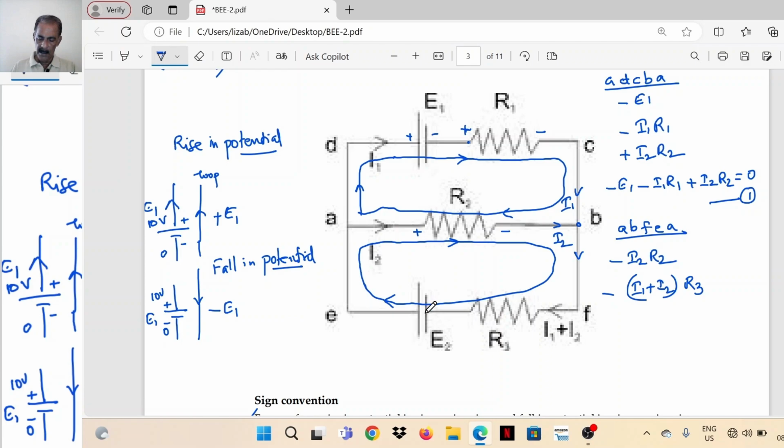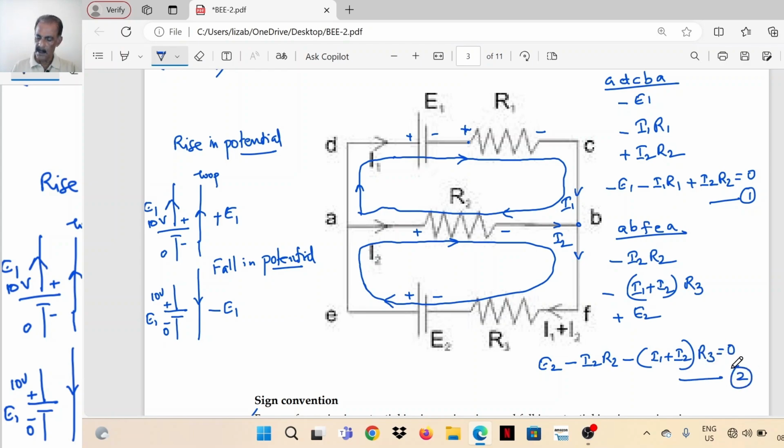What about the sign of E2? E2 is from negative to positive, so rise in potential, so plus E2. So the equation for the loop ABFEA is E2 minus I2 R2 minus (I1 plus I2) into R3 equal to 0.